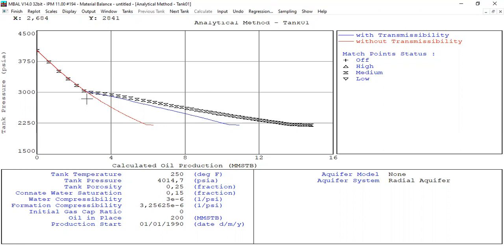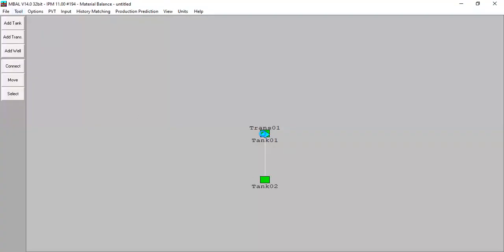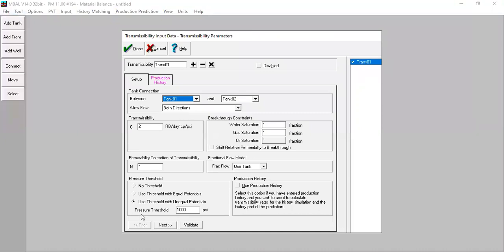So if the pressure in tank 1 drops from 4,000 to 3,000, the difference between tank 1 and tank 2 is 1,000 psi. That's the pressure threshold of 1,000. So that's why the transmissibility or the pressure threshold is 1,000 here.